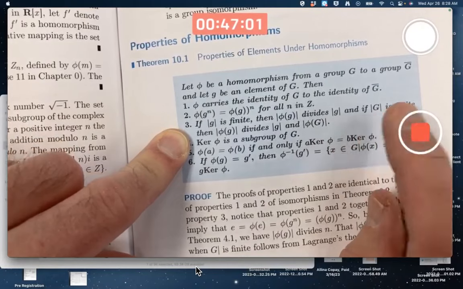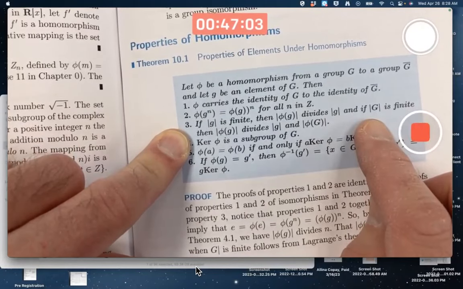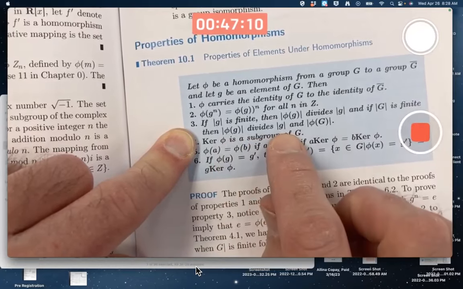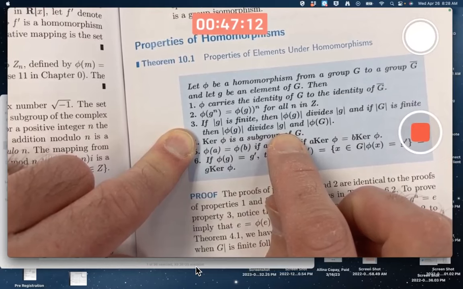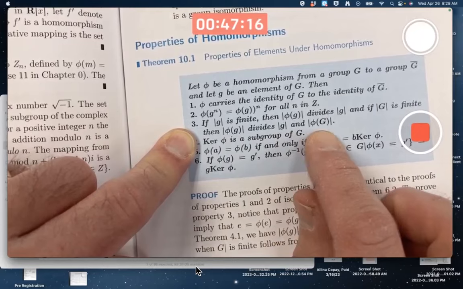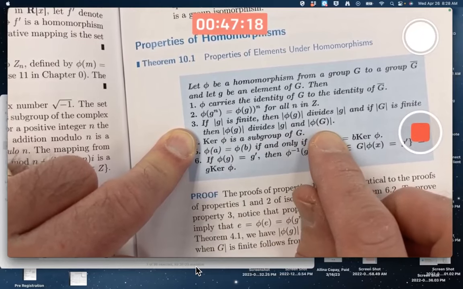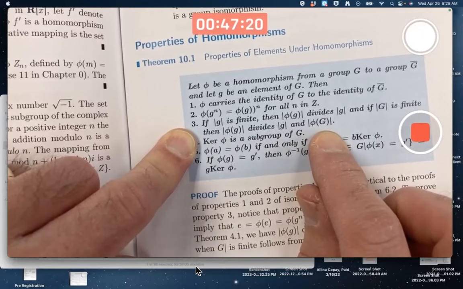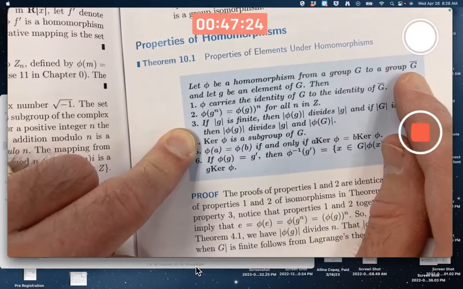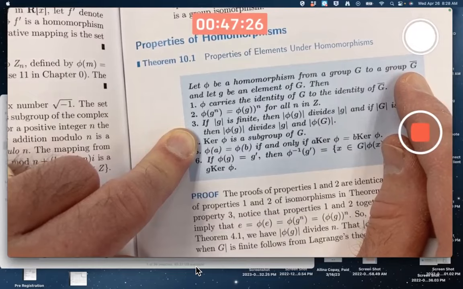And if the order of the domain is finite, as in our example it is, then moreover, it also divides the order of the image of the entire domain, which is going to be a subgroup of G bar, and so we'll have to also divide the order of G bar. Lots to think about there.